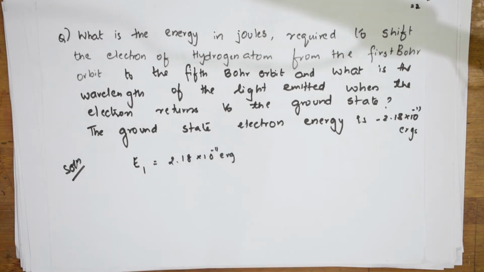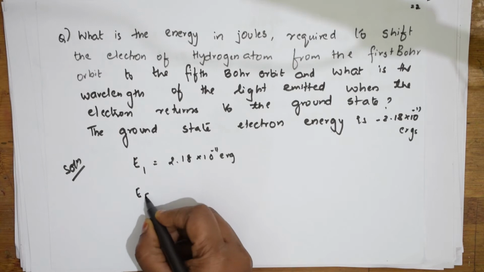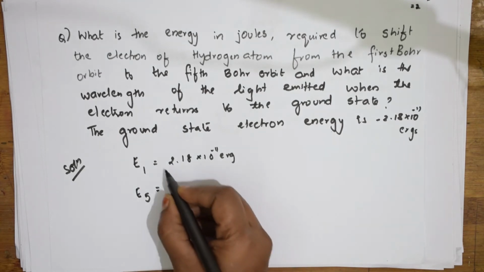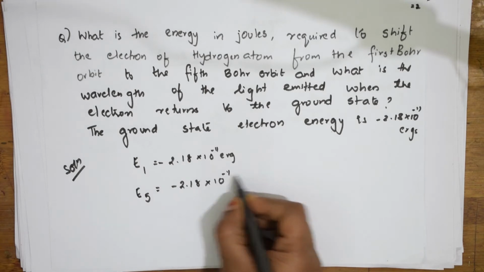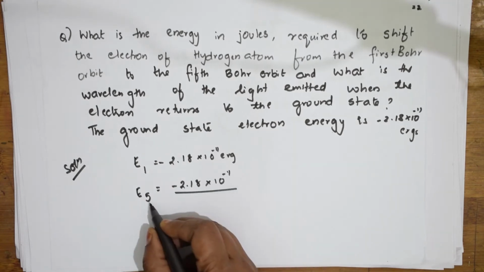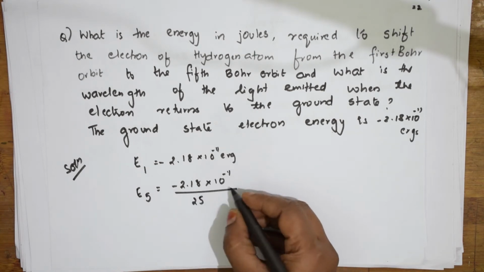We also have a formula, which we studied earlier, that is En equals E by n square. So I'll go directly with E5. E5 is equal to minus 2.18 into 10 raised to the minus 11 divided by, for the fifth orbit, 5 square, that is nothing but 25 ergs.